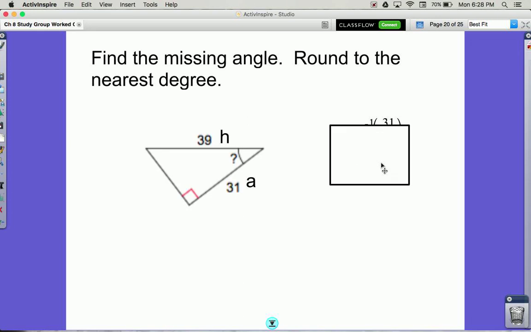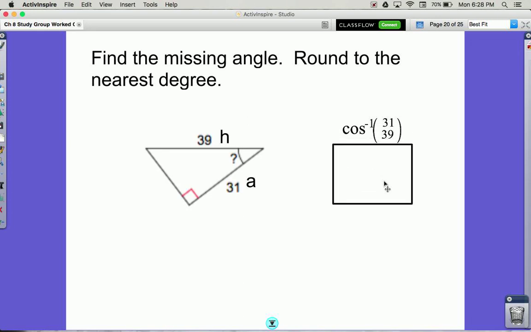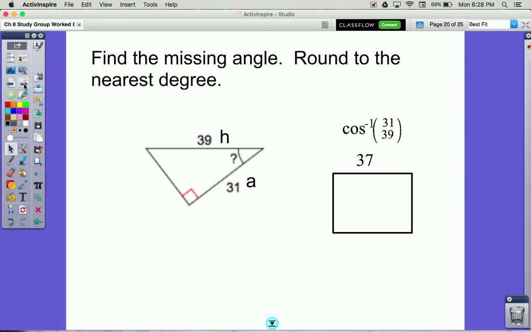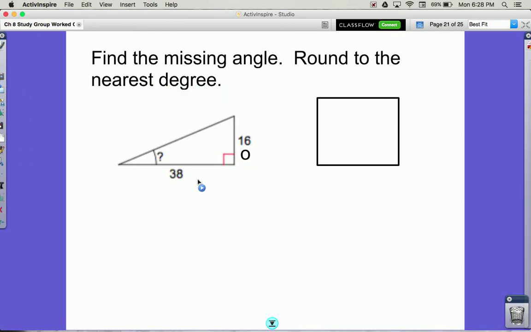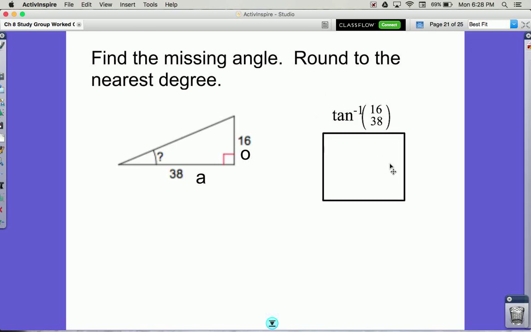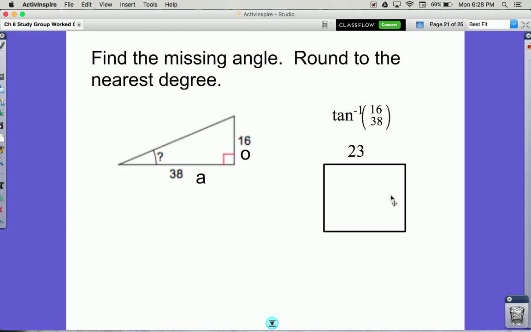So you're going to use inverse cosine of 31/39, which is 37 degrees. And on this one, 16 is opposite and 38 is adjacent. So you're going to use inverse tangent of 16/38, which is 23. I'm just plugging these into my calculator.